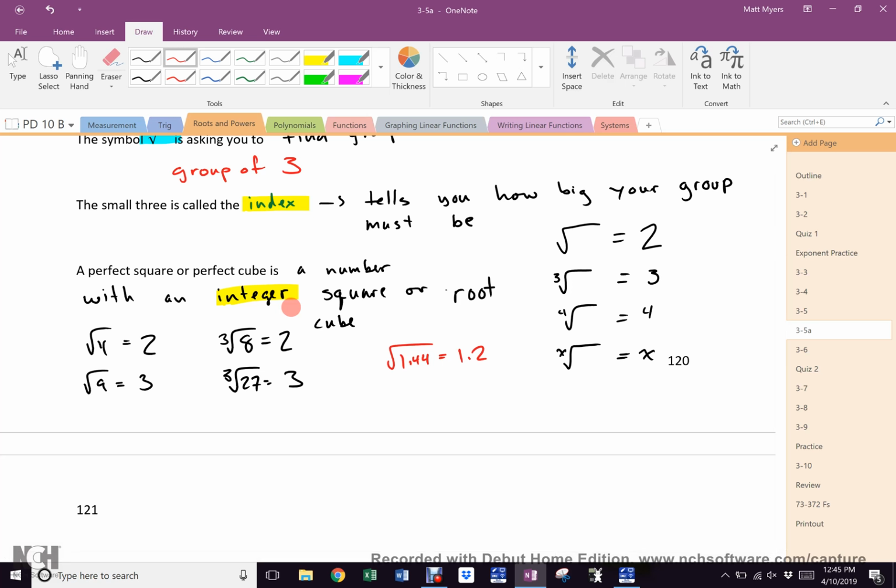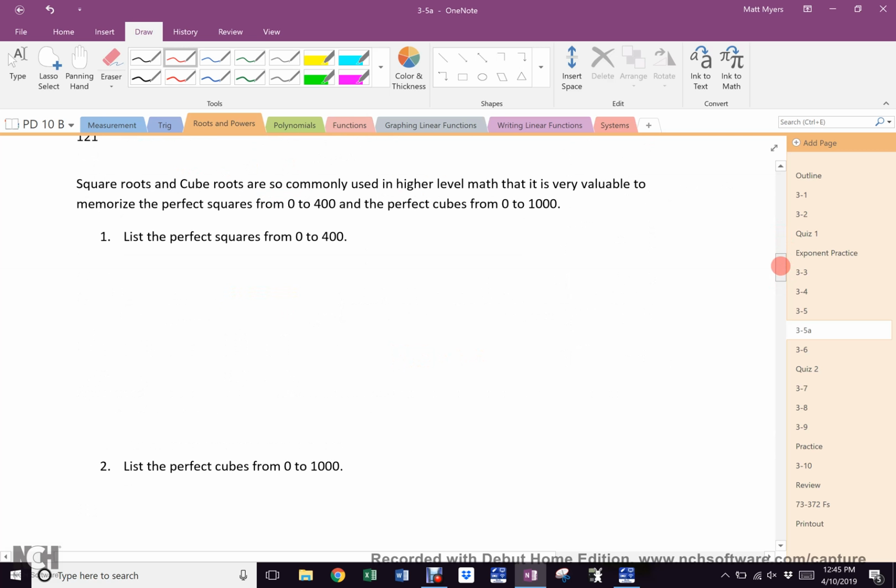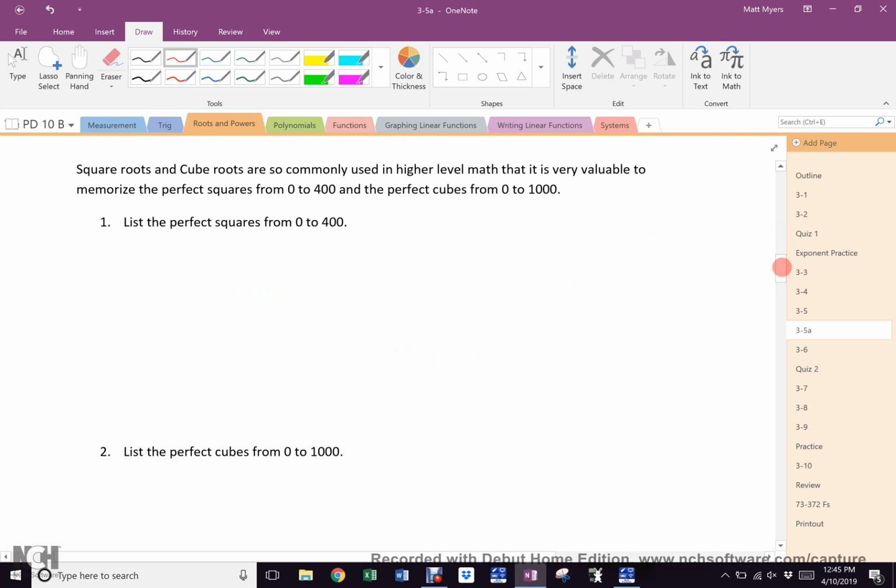All right. Now, square roots, cube roots. Yeah, turn the page over. Square roots, cube roots are so useful and so important to higher level math that they're almost like the times tables to now. Okay? Like, if you can do your times tables in your head without thinking about it, that means you can also do division in your head without thinking about it.